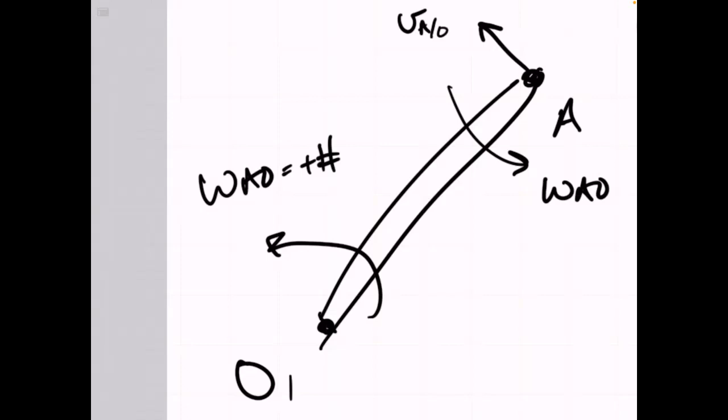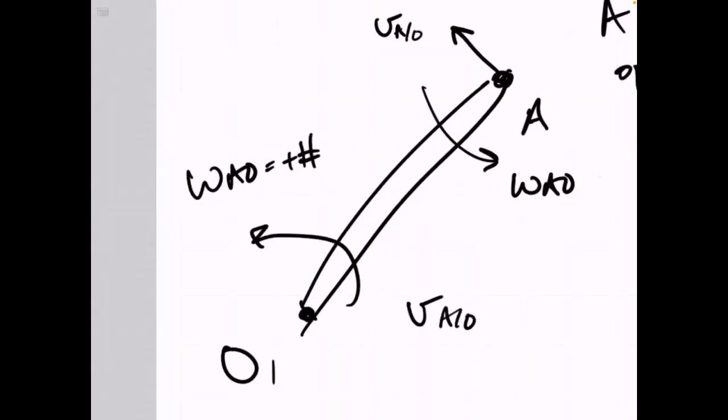We don't necessarily have to know that it is fixed in space, because all that we're caring about is the relativity of the velocity of A with respect to the velocity of O. And we are going to write this out as the velocity of A with respect to O equals omega AO crossed with R A with respect to O, which we've already seen before.